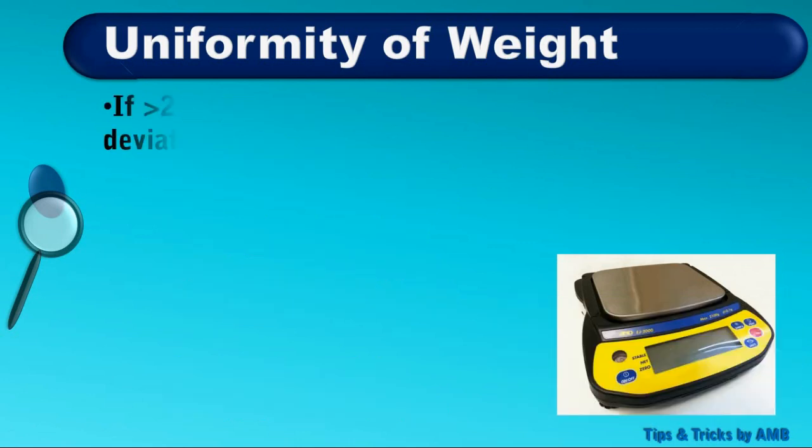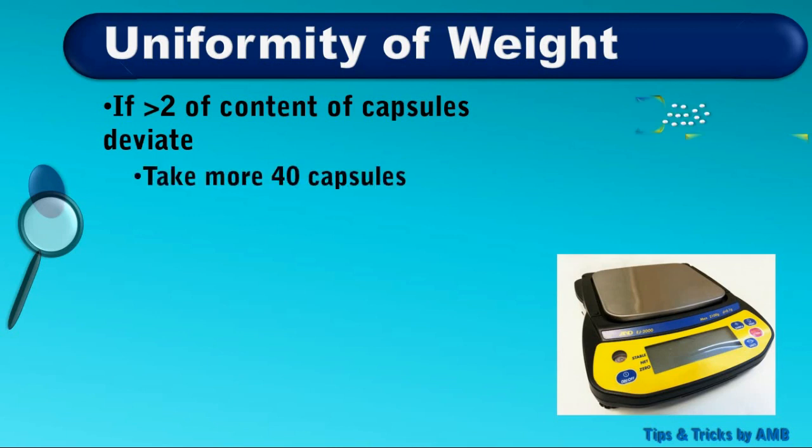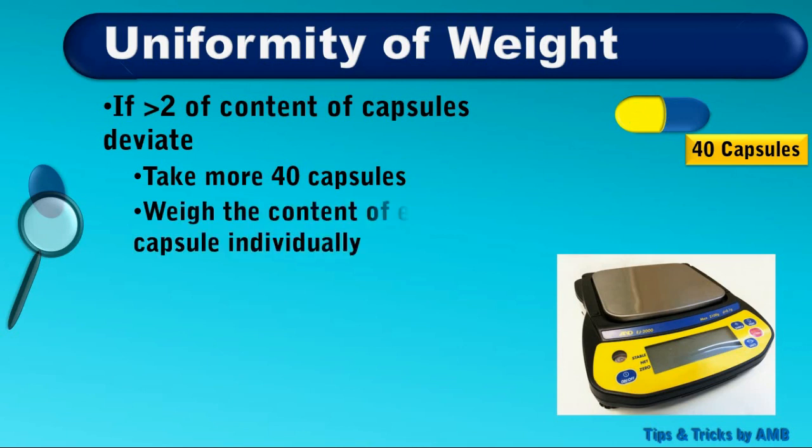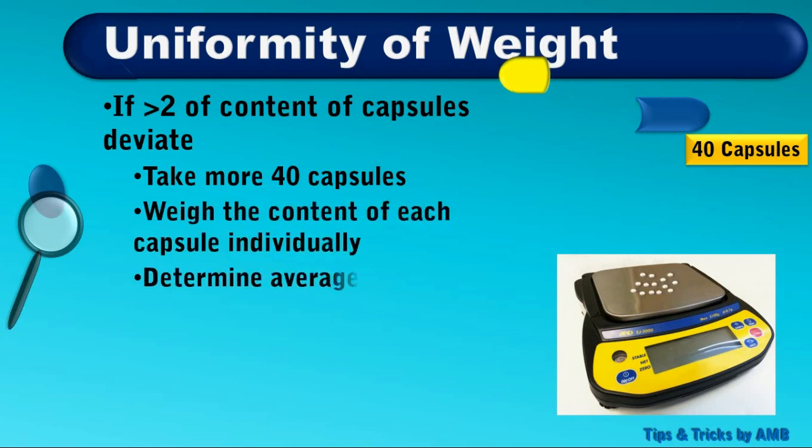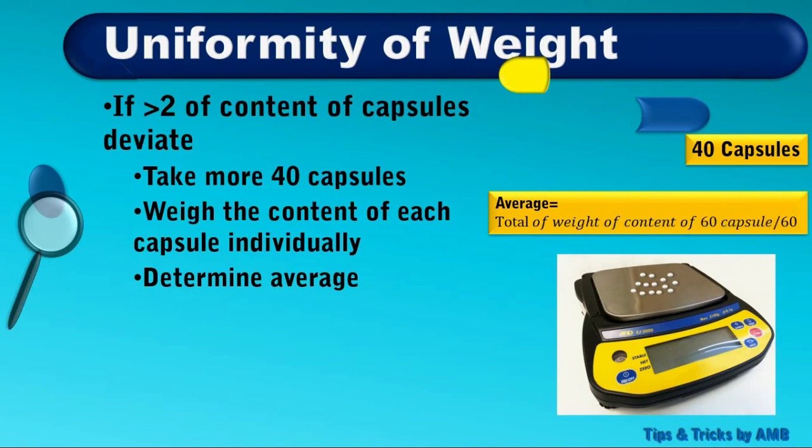If more than 2 of the contents of capsules deviate from the percentage deviation, then take 40 more capsules and weigh the content of each capsule individually. Determine the average of 60 capsules, that is the previous 20 capsules and now we are taking 40 capsules. So total capsules are 60 now, so we have to determine the average of 60 capsules.